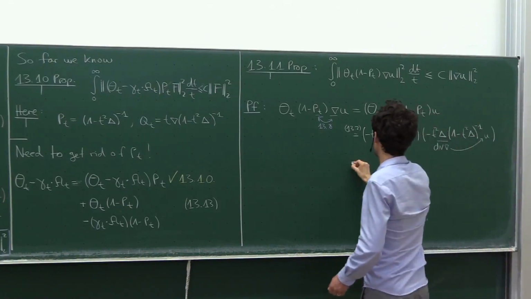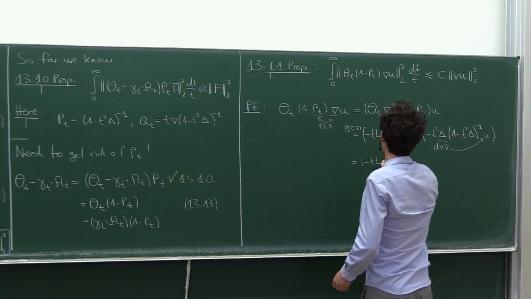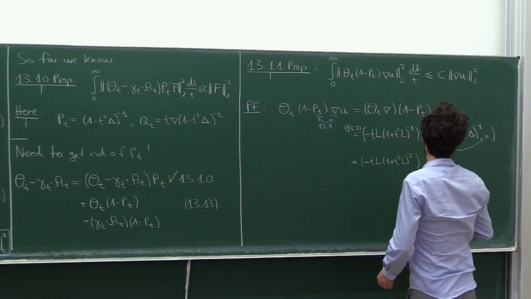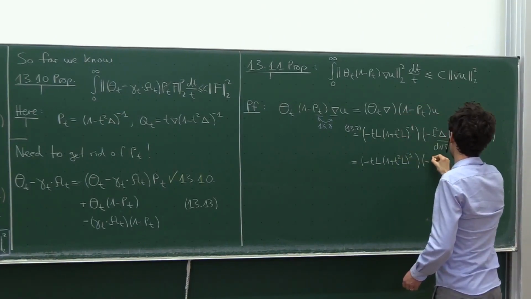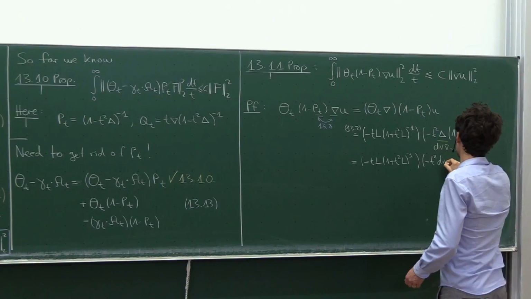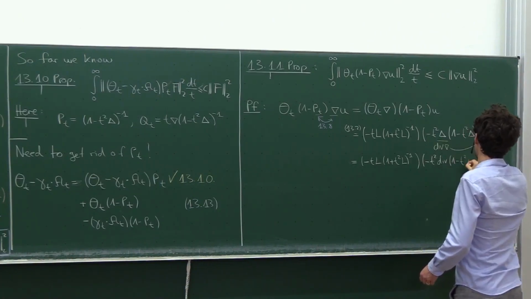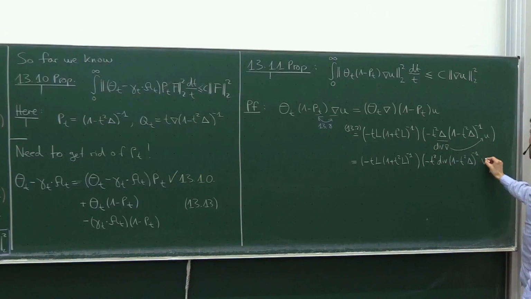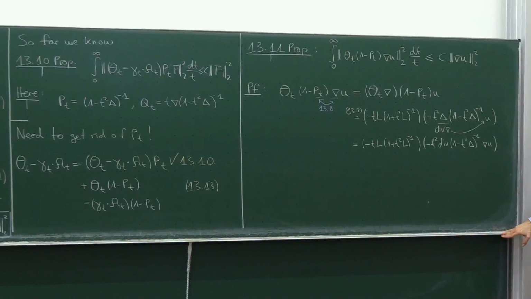This gives me minus tL (1 plus t squared L) to the minus 1, and then minus t squared divergence (1 minus t squared Laplacian) to the minus 1, and then it's gradient u. Alright, so this begins to look promising.